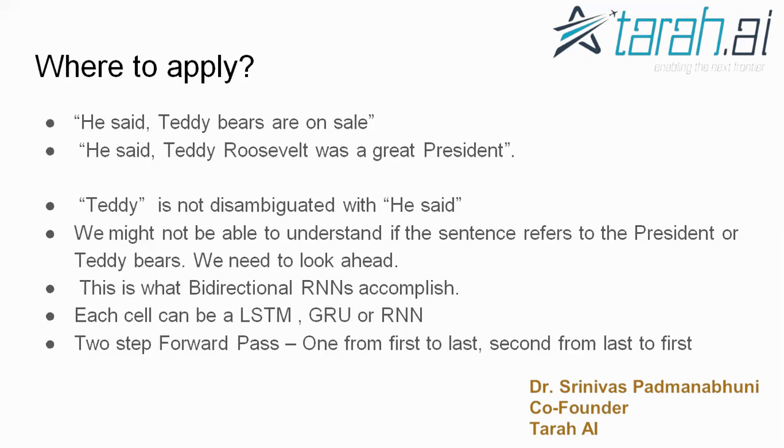It's mainly for making sure that we're able to capture both sides' dependencies. The architecture being responsible for capturing semantics of both directions is the main idea, whereas long-range dependencies are captured by more complex architectures like LSTM or GRU.